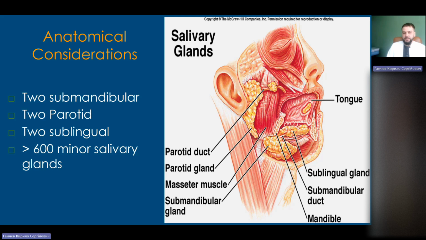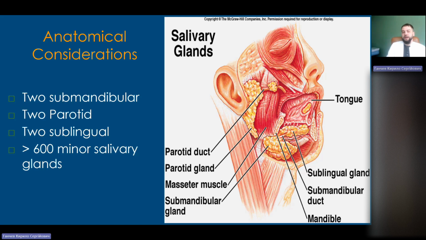So we have the submandibular, parotid, and sublingual glands, and of course we have over 600 minor glands, and in other books and sources they say about one thousand, but it's not possible to calculate all those glands. So it's a few hundred, let's say like this.